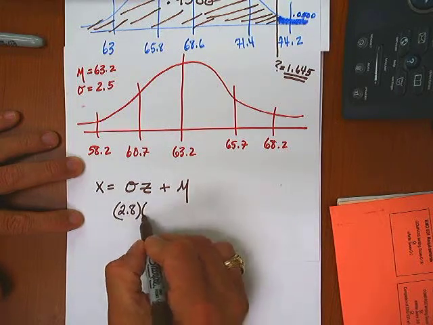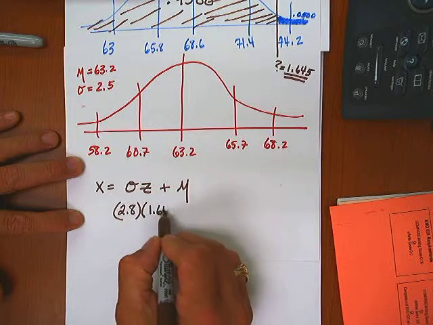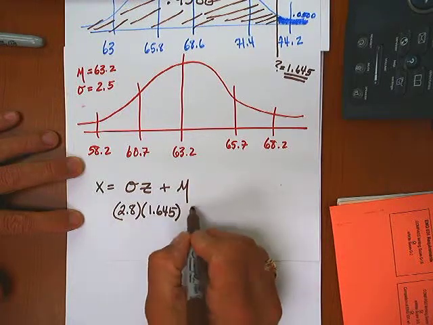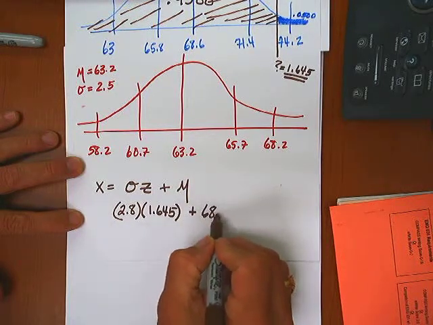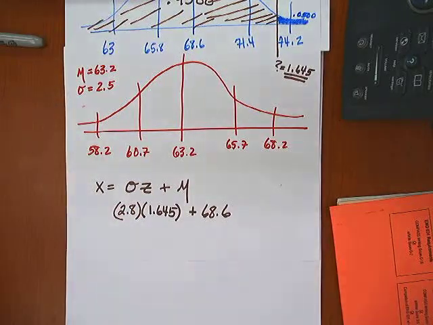So in this case, it's going to be 2.8 times 1.645 plus 68.6. And when you take your calculator, give me a minute to pull mine up. Sorry about that. I don't use a calculator very much.